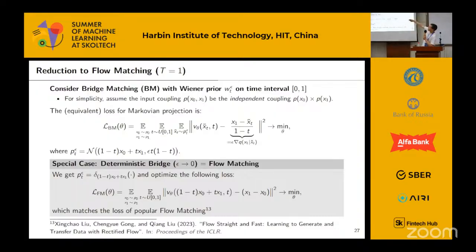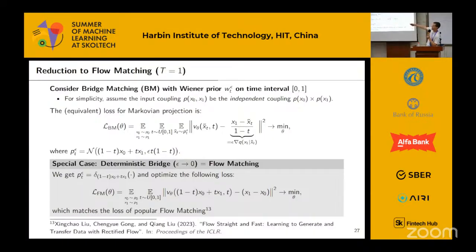We have to regress the drift of our stochastic differential equation to this analytically tractable thing for the Wiener process. It is just the transition distribution of the Wiener bridge, or the Brownian bridge. To optimize this, we need to sample points, for example, if we consider the independent plan, we first need to sample.